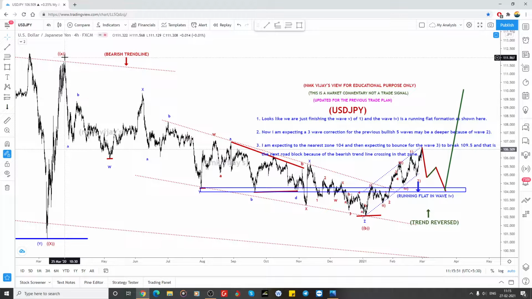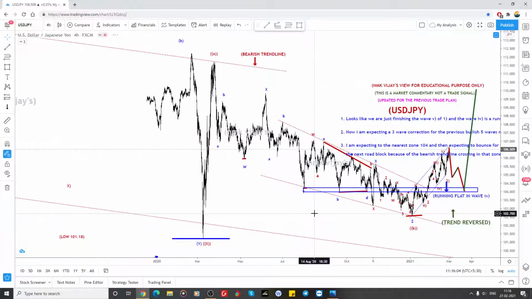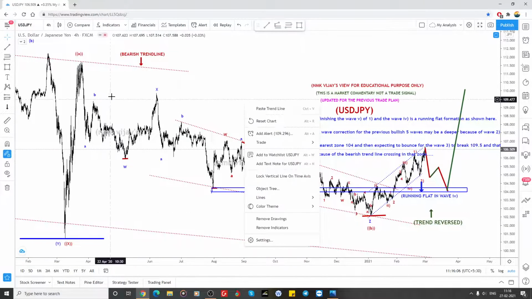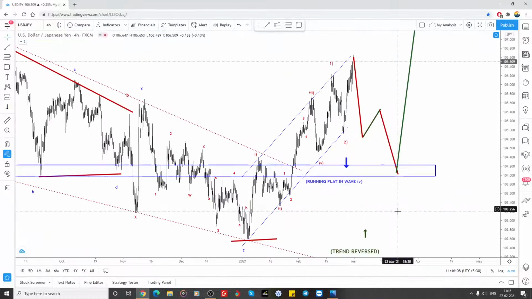Within 20 days it reached 1000, and in 1 year it took a correction for those 800 pips. Here it took only 20 days. So these are all correction accumulations or distribution, whatever you can call it. But after this I'm expecting a bullish move.